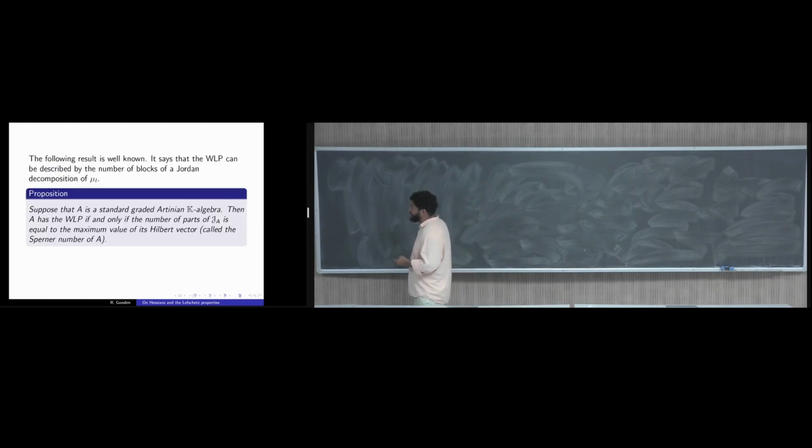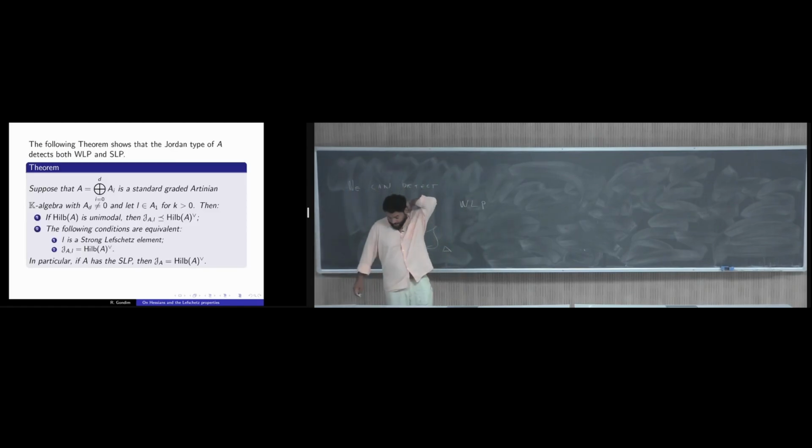So the previous result says that we can detect double P with the Jordan type of A. Moreover, we can also detect the SLP.